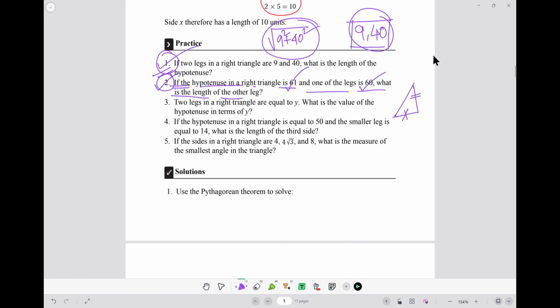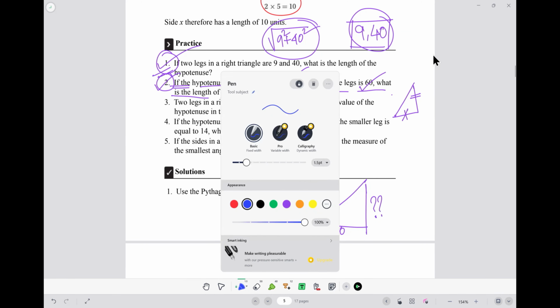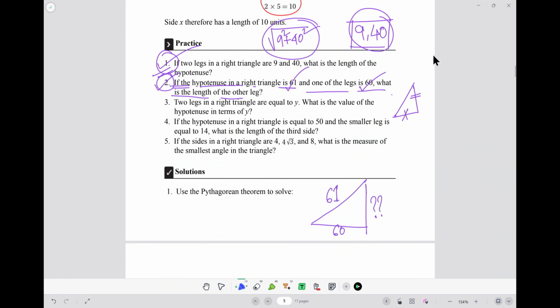You can consider two scenarios. This is 61, this is 60, and this is what. And for another triangle, you can also consider this is 61, this is 60, and this is what. So it doesn't really matter whether you are calculating this side or this side.